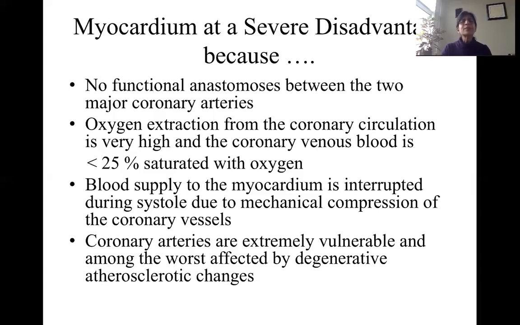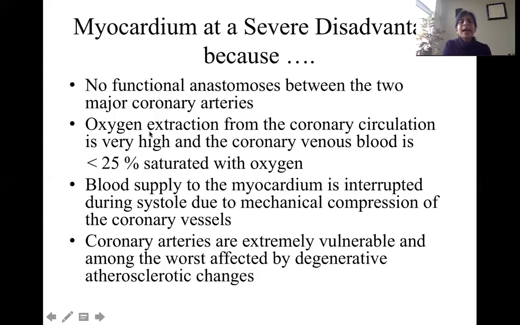The advantage of these anastomosis is that if one vessel were to be damaged or occluded, then you have at least another artery to keep the blood supply continuously. So that's not possible here. No anastomosis can be seen.